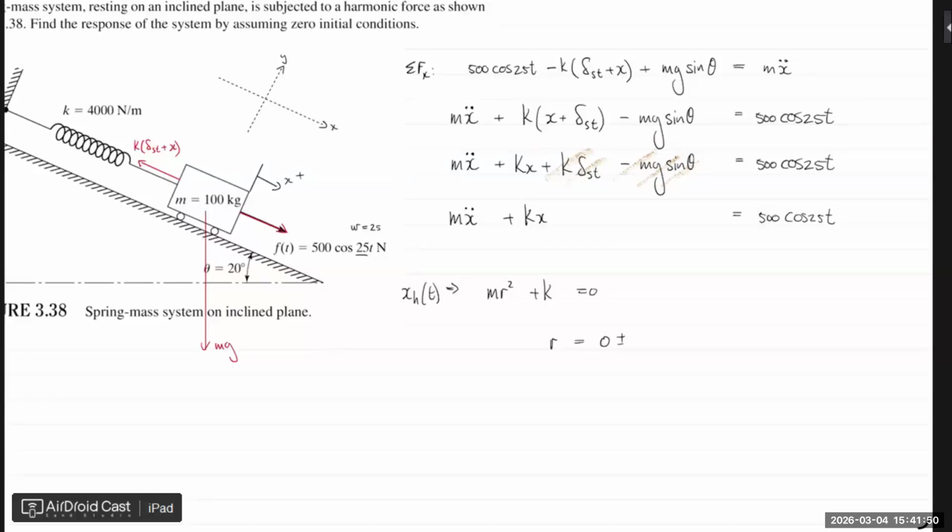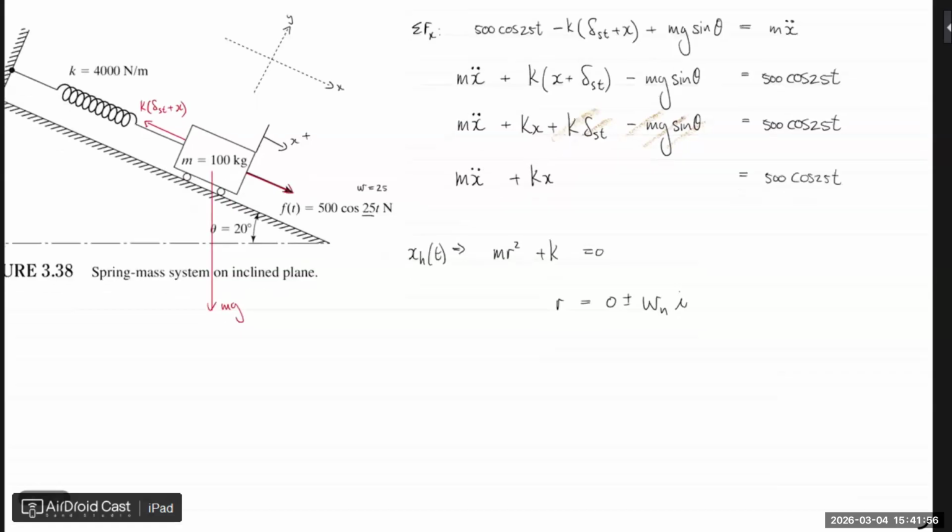It will be 0 plus minus omega n i, which means that for the homogeneous solution, it will be C1 cos omega n t plus C2 sin omega n t, just like we've done earlier. So this stuff, we already explained how we got there.